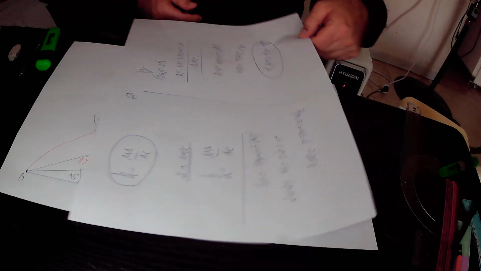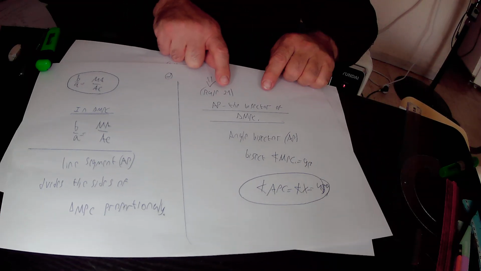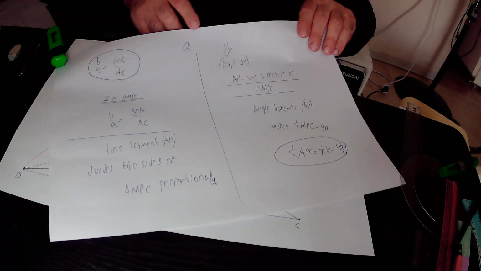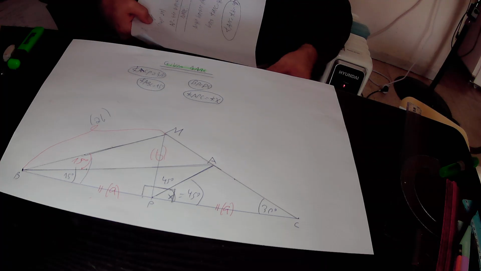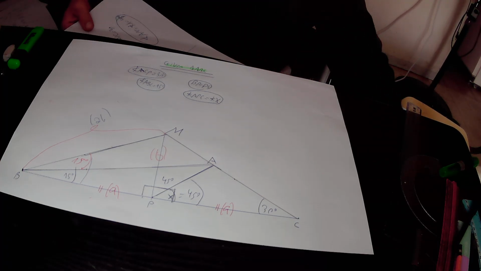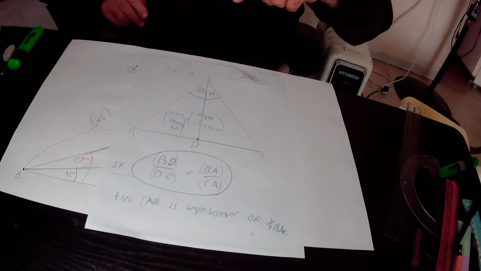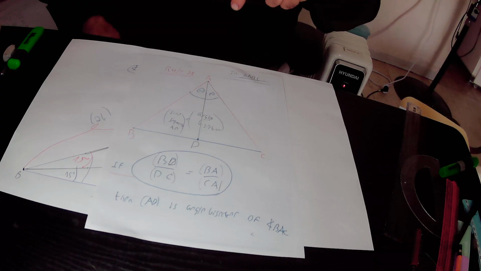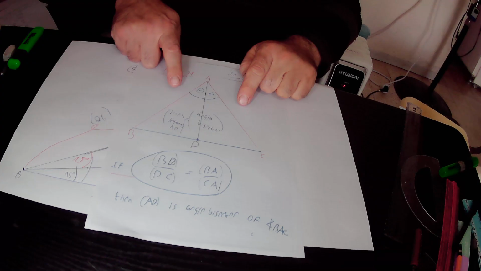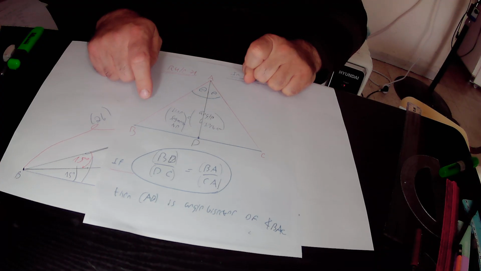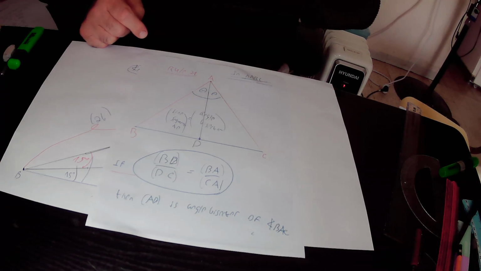According to Rule 21, please click on Rule 21. According to Rule 21, if we know that AD divides the sides of this triangle ABC proportionally, that is to say we know that BD over DC equals to AB over AC, then AD must be the angle bisector of this triangle ABC.